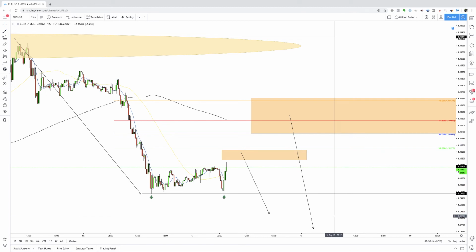We don't know 100% what these markets are going to do. That's why we have a trading plan, that's why we have strategies. We have a proven trading plan and proven strategies that we have tested that give us an edge in the market. Whatever your edge is, you want a strategy and a trading plan that gives you an edge, where you know the odds are in your favor.